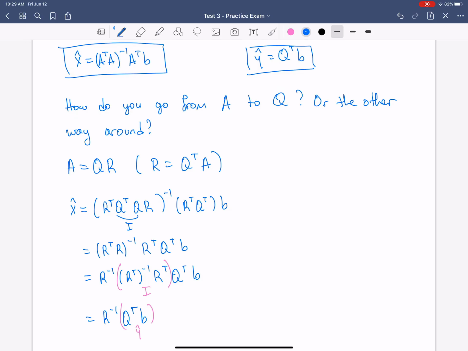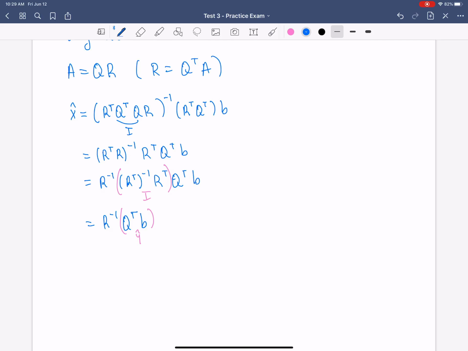In the end, what I have found is that x hat equals R inverse y hat, or you could say R x hat equals y hat. This is the relationship that you have between x hat and y hat. R is something you can definitely find.